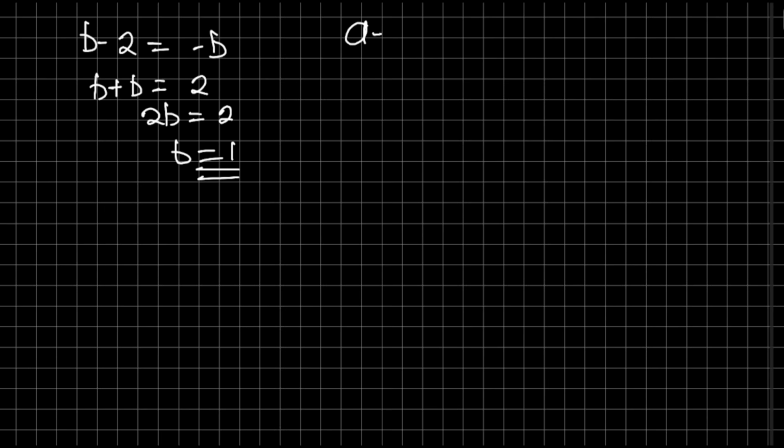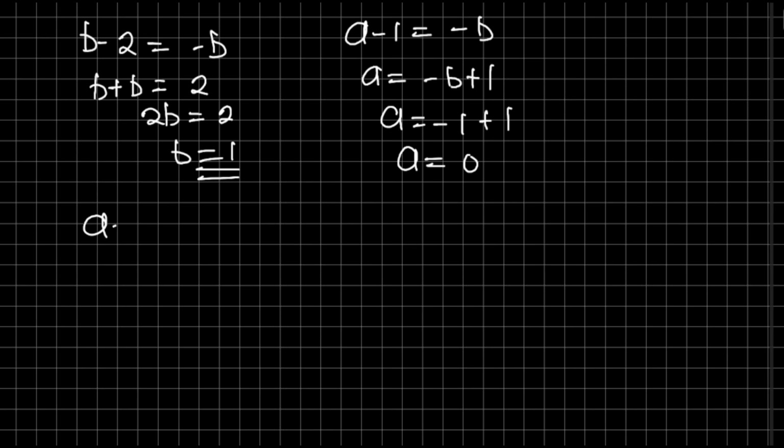And we have a minus 1 equals minus b, so a equals minus b plus 1, so a equals minus 1 plus 1, so a equals 0. Therefore we have a equals 0, b equals 1, c equals 0. Okay, so this is how you go.